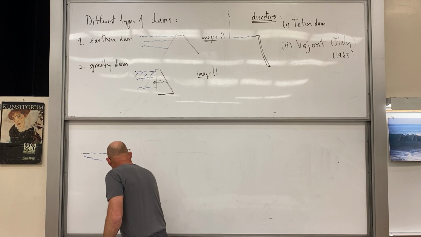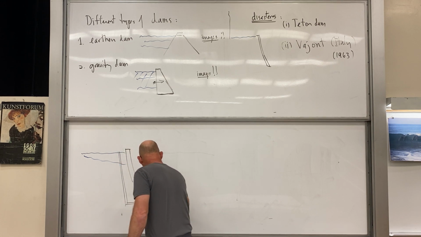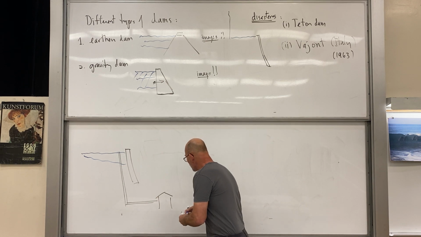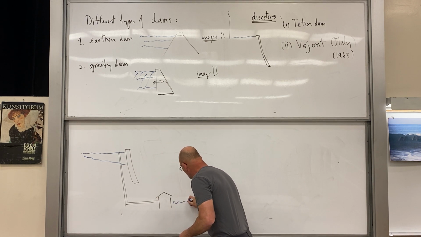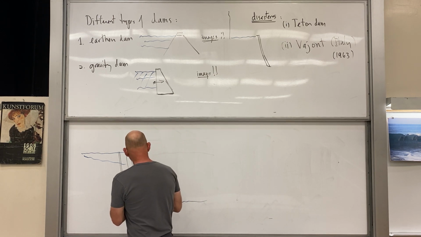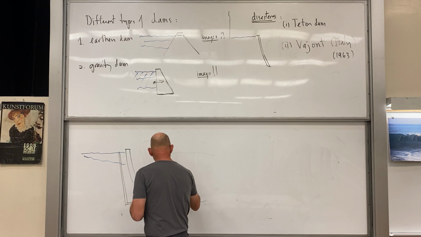And here is the penstock. So I'm just redrawing. And here's the lower water level. Okay. And this is the height H.